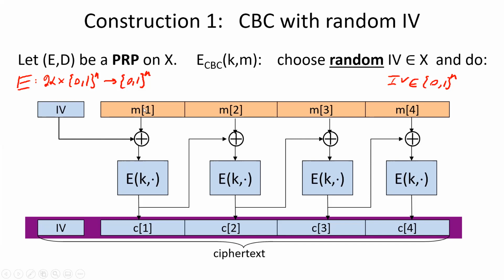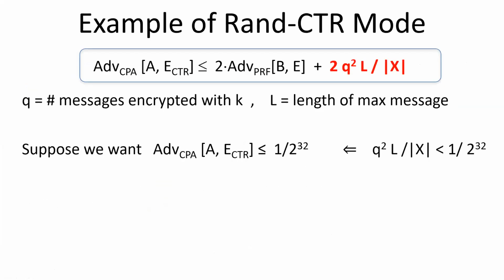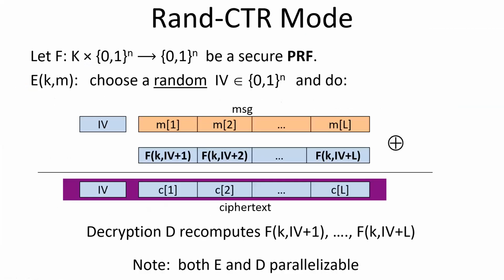No matter how he chooses messages, they are going to be randomized. But I wanted to say that here the cipher is being queried on predictable values, but that's actually not true. Again, this is a random value that the adversary has no control of.